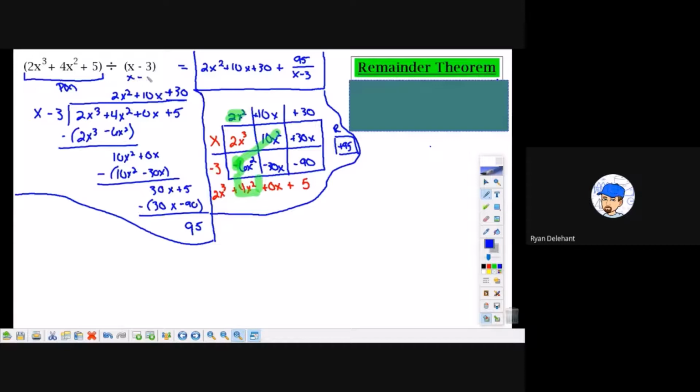That means this is our x minus a, right? So our a value is a positive 3. What happens when you plug in 3 into that polynomial? Do the math. Plug it into Desmos and plug it into your calculator, see what you get as an answer. So, 2 times 3 to the third, 4 times 3 squared plus 5.